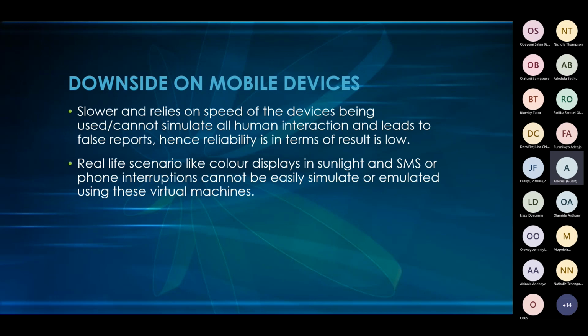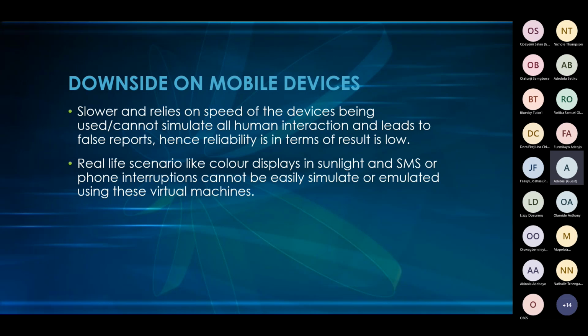Then also real life scenarios like color display in sunlight and SMS or phone interruptions cannot be easily simulated or emulated using these virtual machines. When under sunlight, you don't know how your screen will be, and on emulators, on virtual devices, you cannot detect it.